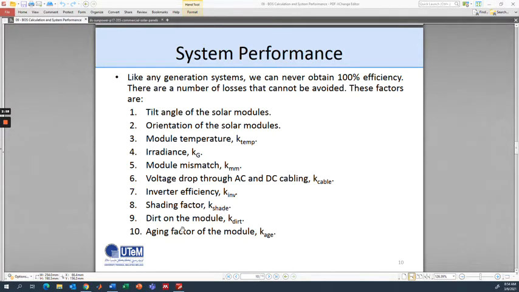Apart from that, dirt on the module, we can control this by periodic maintenance or cleaning from time to time, so that the module is always clean. Aging factor, again, we cannot control this one. We just need to factor it in. Each year of operation, the system output will definitely be reduced due to aging, and we need to consider this degradation in our year-to-year output calculation.